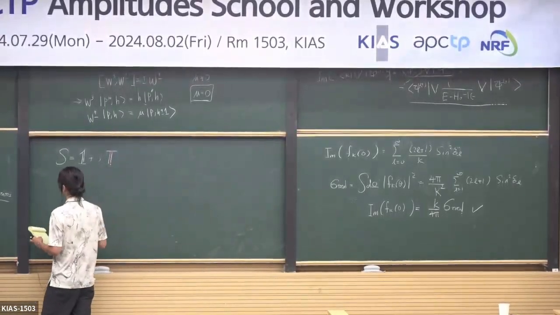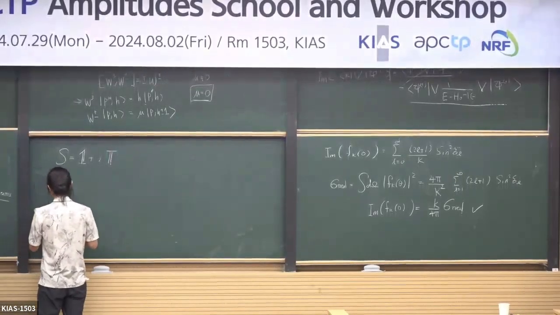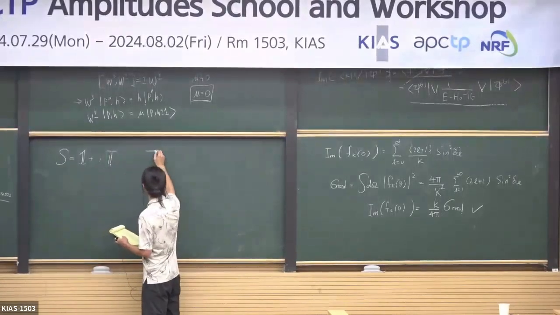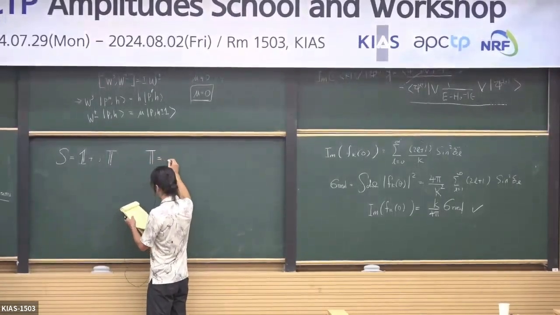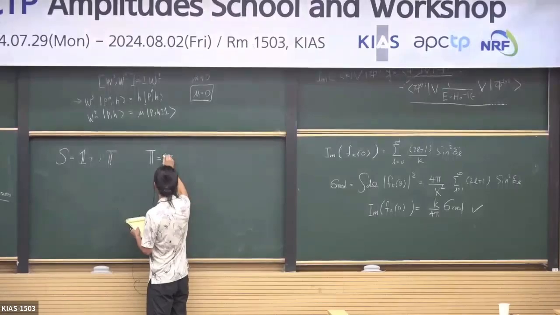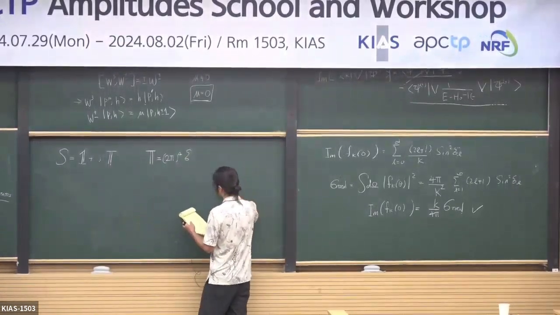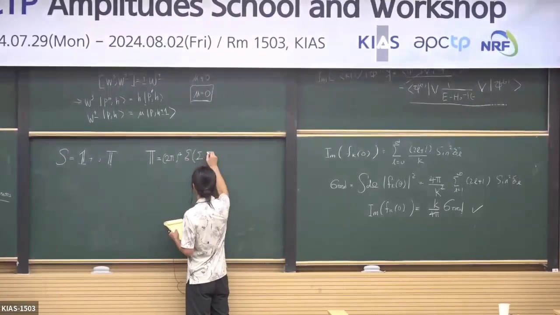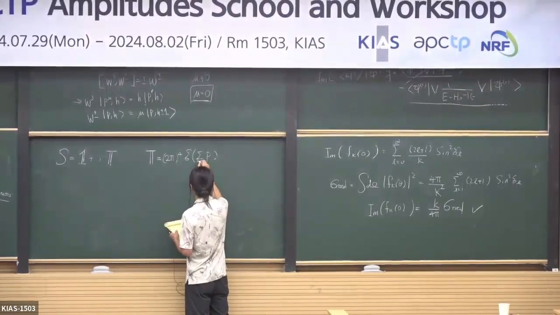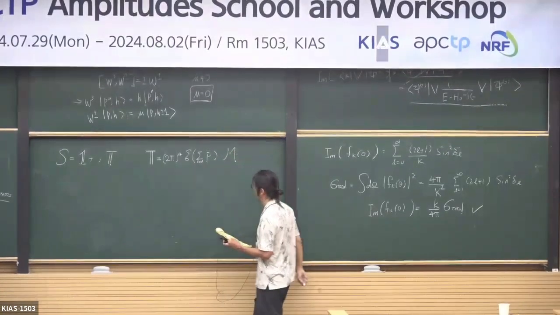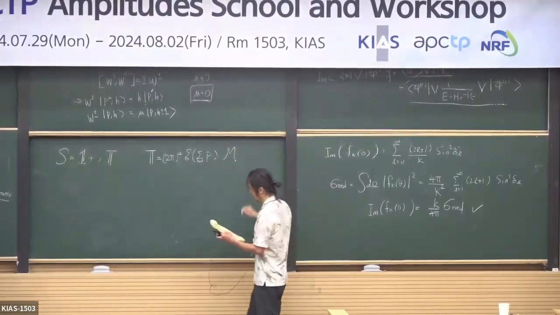For example, if we wanted to consider 2-to-2 scattering, usually our T operator is written as 2 pi. Because we have Poincare symmetry, we know that there's a momentum conservation piece. So we usually factor out the total momentum conservation part and define the amplitude as whatever is remaining behind.